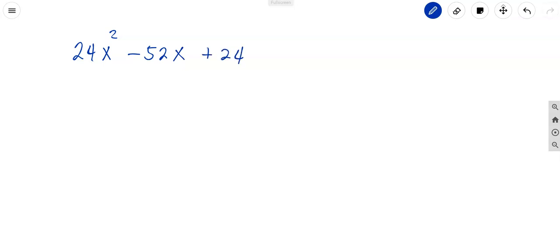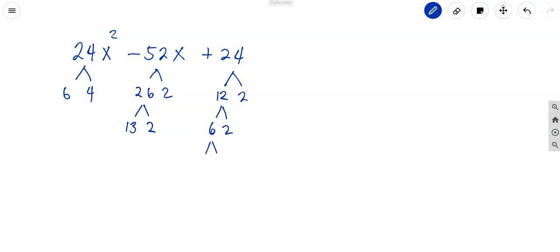What is the common factor now? We have to find first the common factor here. We have 6 times 4. What is the common factor here? We have 26 times 2, and then we get 13 times 2. Here we have 12 times 2, and 6 times 2, and another one we get 3 times 2.